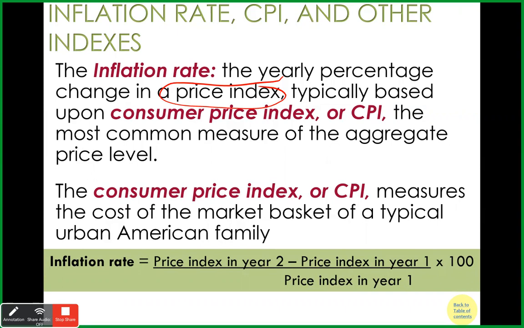So essentially, inflation tells us the cost that a typical American household is facing. Certainly here we just focus on the consumer price index, but we have other indexes, or other inflation measures. Mathematically, the inflation rate is given as follows: we use the price index in year 2 minus the price index in year 1, divided by the price index in year 1, times 100.